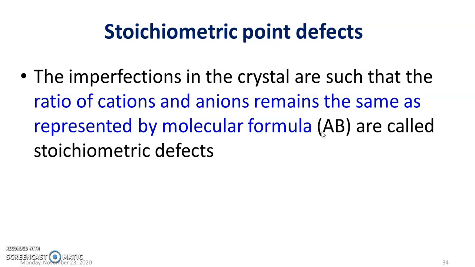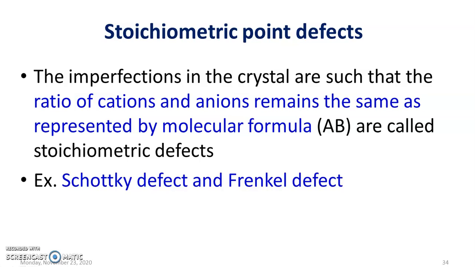Such a crystal defect is called a stoichiometric point defect. So imperfections in the crystal are such that the ratio of cations and anions remains the same as represented by the molecular formula. Before and after the defect, the ratio of cation to anion will not be disturbed. It will be the same in this type of defect, that is in stoichiometric point defect.